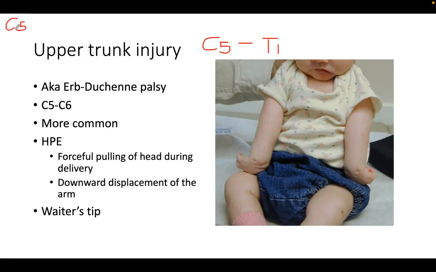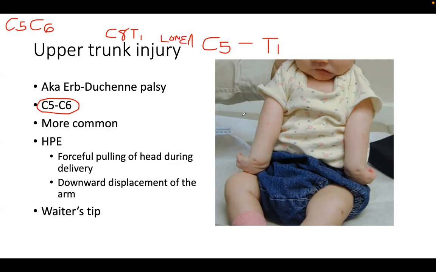C5, C6, this is called upper brachial plexus. Upper trunk injury is C5, C6. What do we call C8, T1 of the brachial plexus? C8, T1, that is the lower brachial plexus.